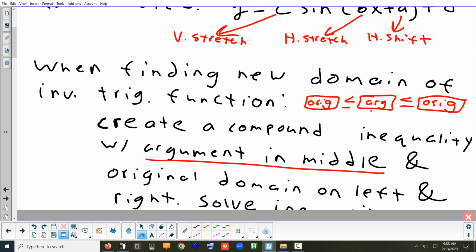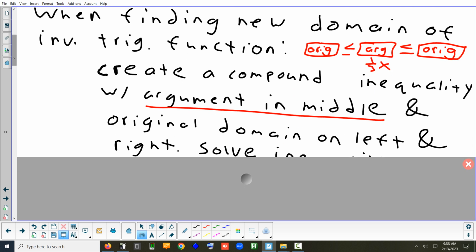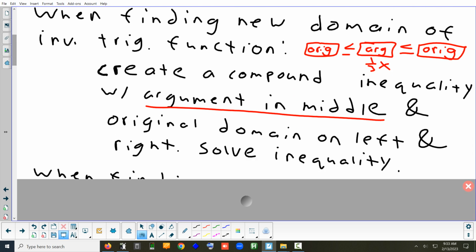If it was 1/3 x in the middle, I would multiply everything by 3: the left by 3, the middle by 3, and the right by 3. Then you'll have x alone in the middle, and there's your answer. So you put the original domain on the left and the right, put the argument in the middle, and then solve.